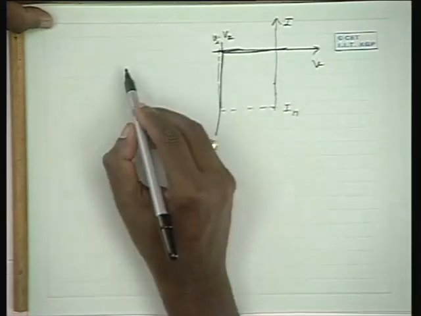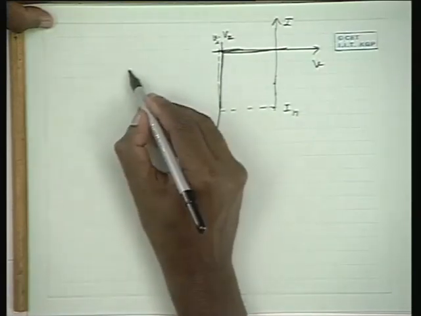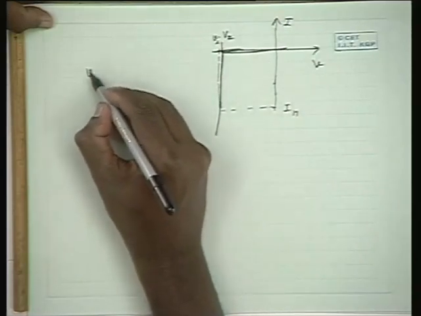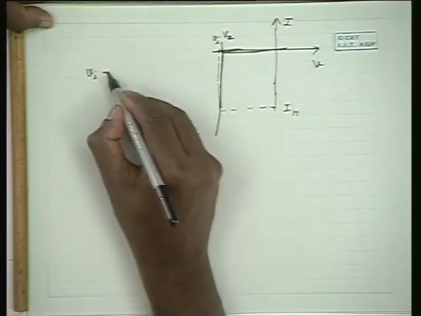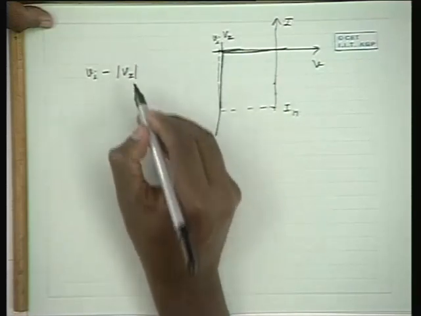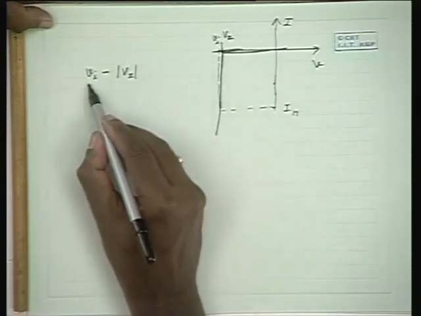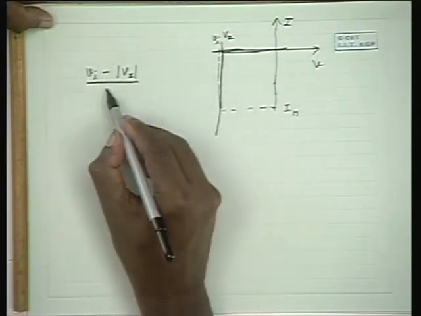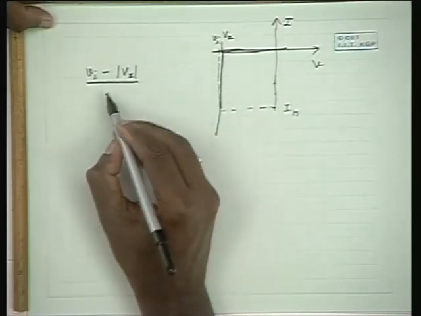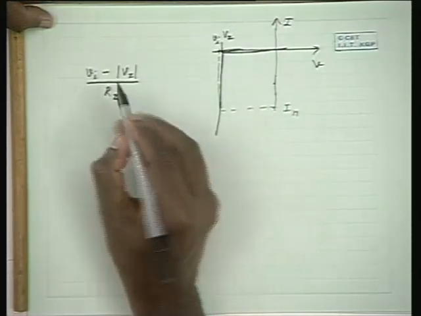The current flowing can be represented by Vi minus mod Vz divided by something which has units of resistance, let us call it Rz.